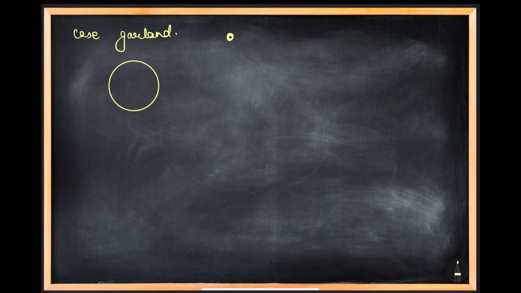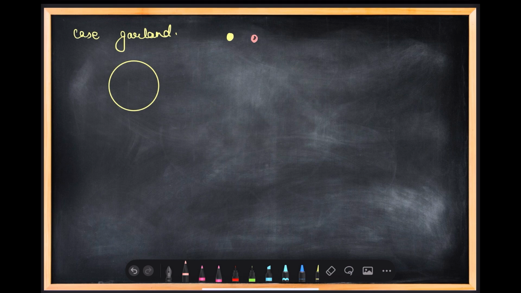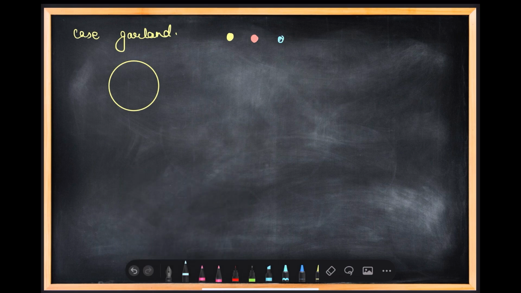One is yellow, the second one is this color, and the third one is blue. Now in this garland case we will observe, if there are three flowers, how many arrangements are possible. Suppose you have placed blue here.